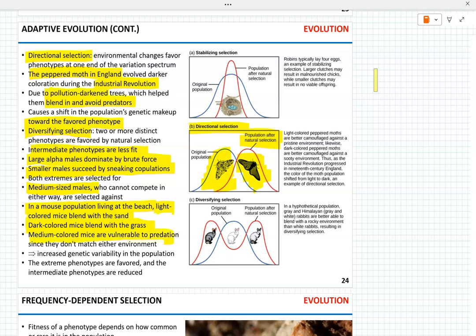The mice that are medium colored, kind of jack of all trades and master of none, will have a disadvantage in both environments. And finally, the example of a hypothetical rabbit population: the albinos will not be suited to blend into a rocky environment, but the gray and Himalayan will blend in better.